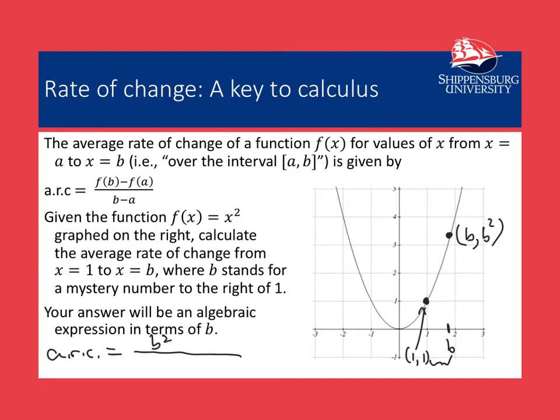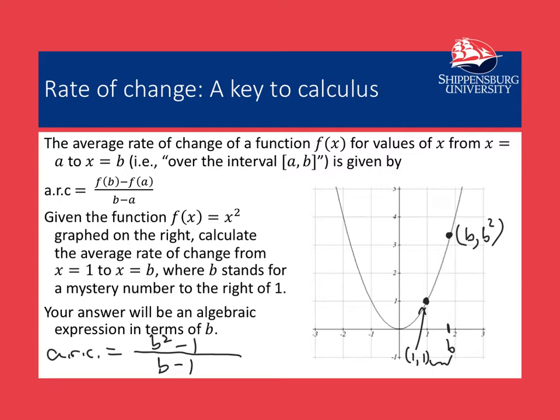So b squared minus 1 is the difference in the y-coordinates, and the difference in the x-coordinates from here to here is from 1 to b. So the difference between these is b minus 1. So that's the average rate of change formula when we use the letter b for our second point.